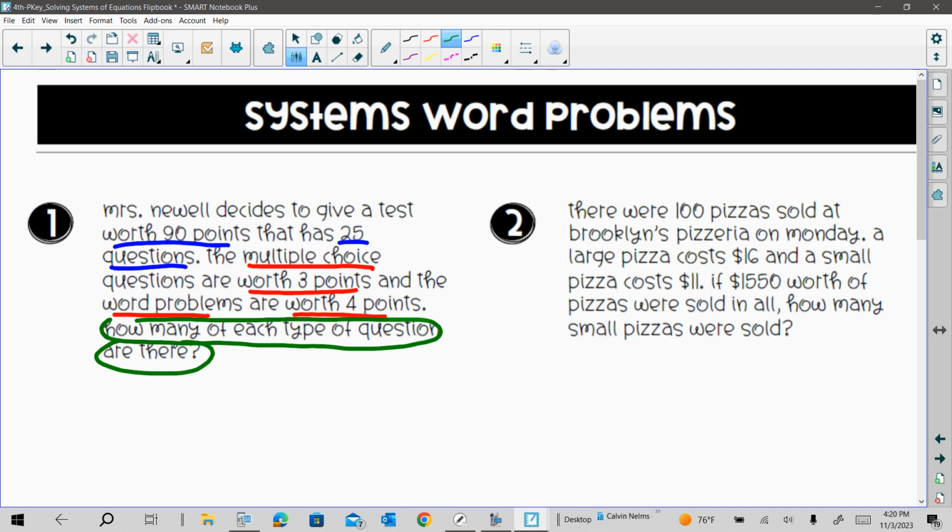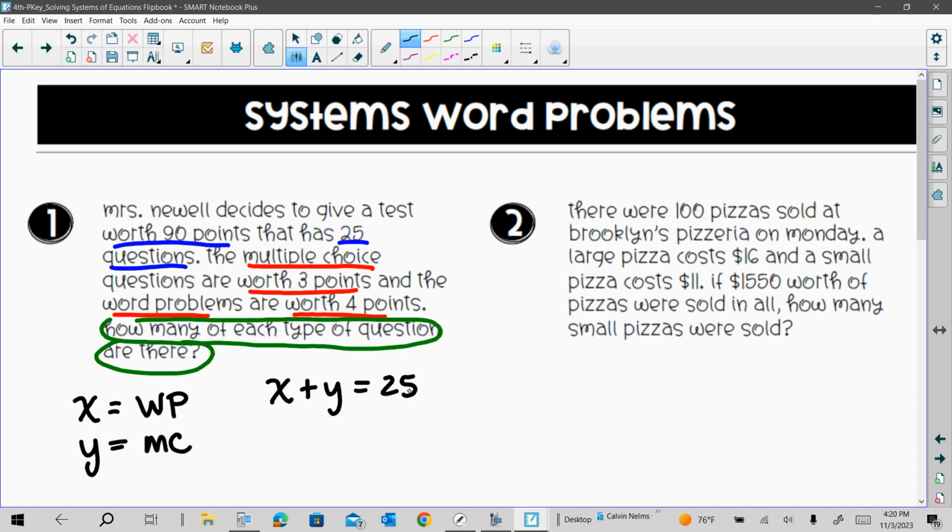Okay, so I'm just circling the question. So the first thing you want to do is define your X and Y. So here I'm going to let X represent the word problems. I'm just going to do WP, and my Y represent the multiple choice questions. Now, right here it told me there was 25 questions in all. So that lets me know X plus Y, the two types of questions, equals 25 total.